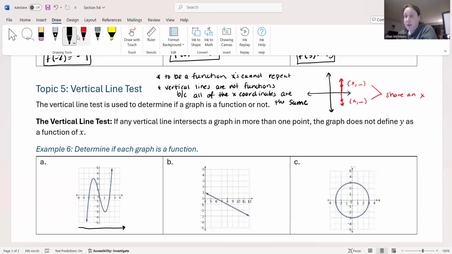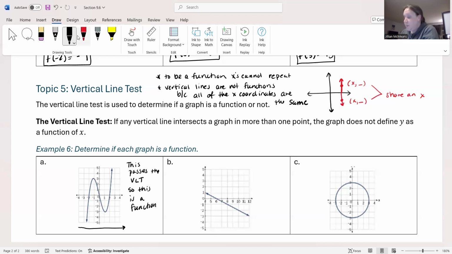At most, we touch it at one point, no matter where that vertical line is. So this passes the vertical line test, VLT. So this is a function. Just take the side of a sheet of paper and sweep it across this graph from left to right. At no point is it going to touch this graph more than once.